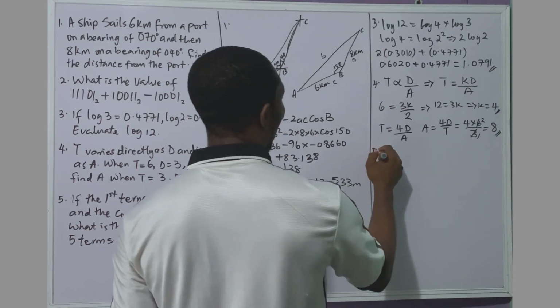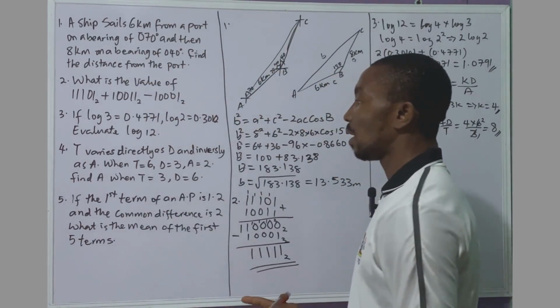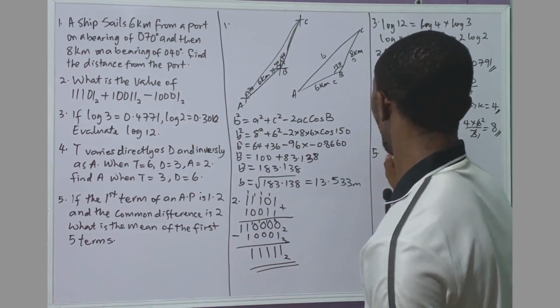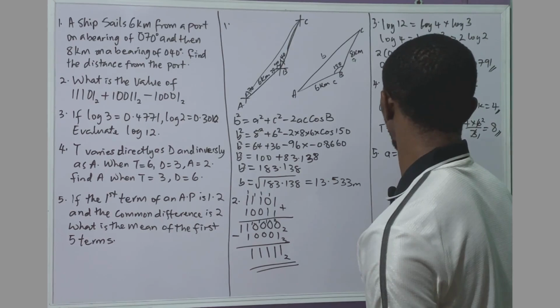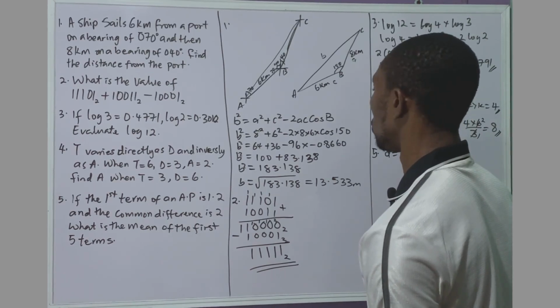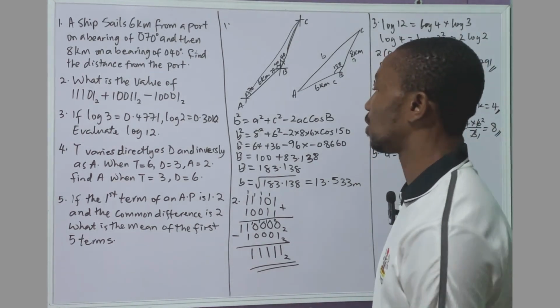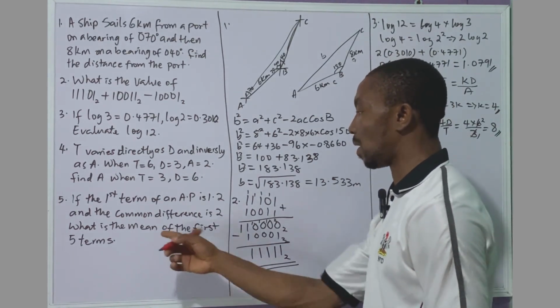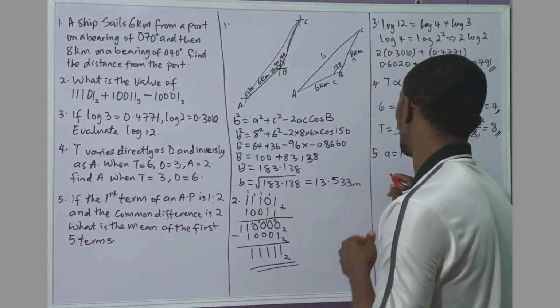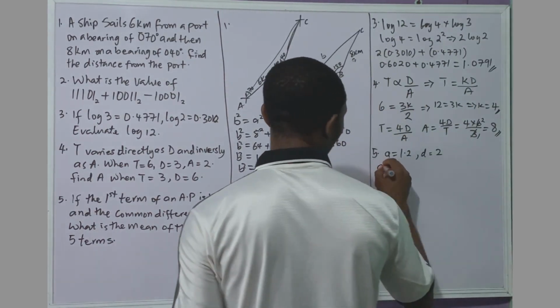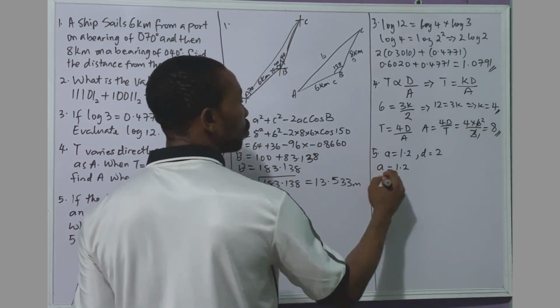Now to question 5, we are given that the first term a of an AP is 1.2 and the common difference d is 2, that we should find the mean of the first 5 terms. Now we are given a to be 1.2.